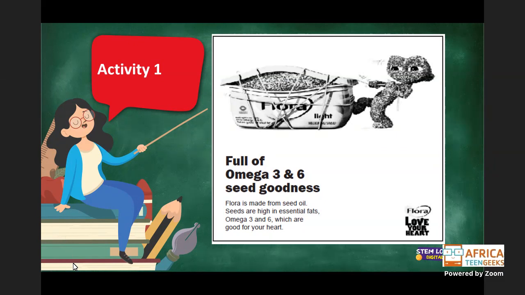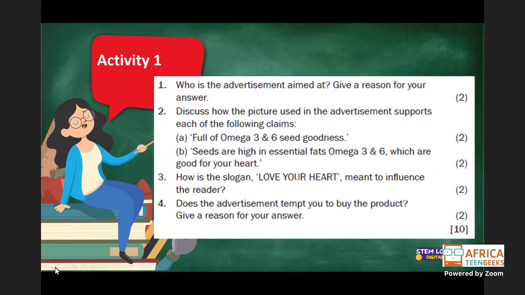All right, thank you. So we continue to the third question, which is, how is the slogan, Love Your Heart, meant to influence the reader? So how is the slogan, Love Your Heart, meant to influence the reader?